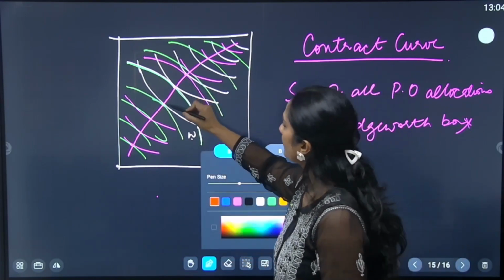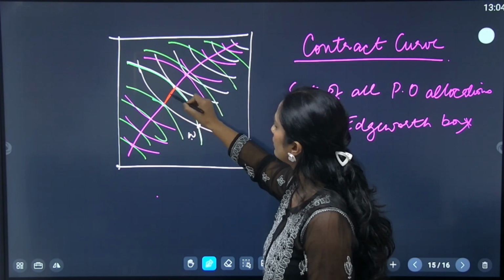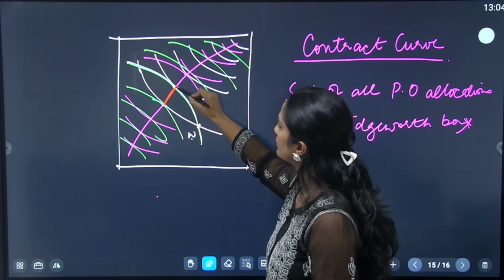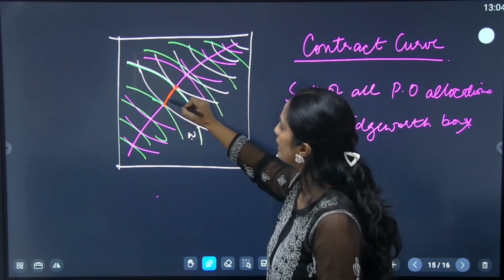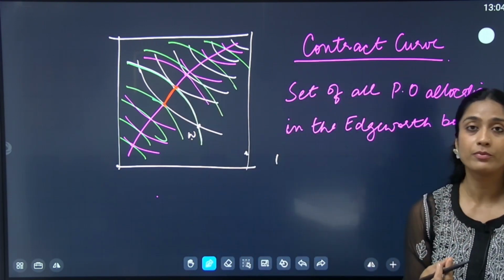ये line, from this end to this end, right? Including the endpoints, because we have seen that the endpoints are also Pareto improvements.